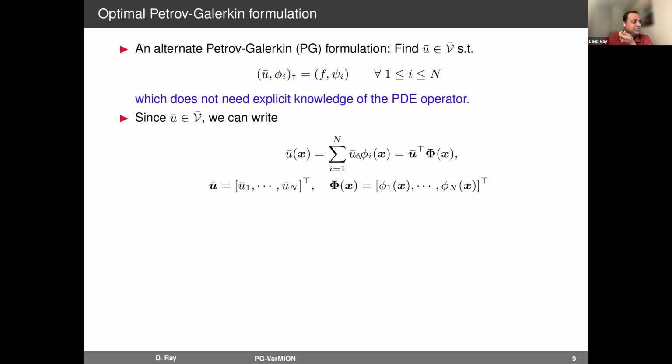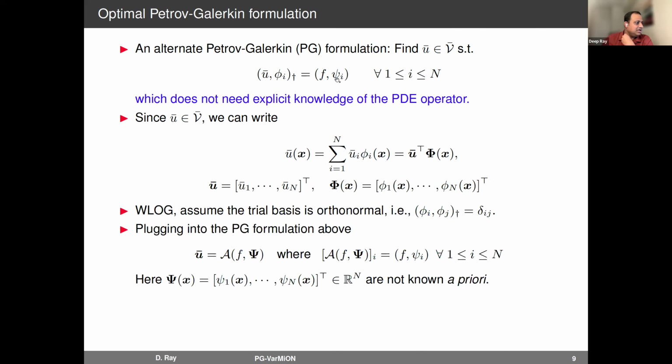Now, if I plug this into the alternate Petrov-Galerkin formulation, I additionally assume that my trial basis is orthonormal with respect to the dagger inner product. Since you've been given the trial basis and the dagger norm, you can always use something like Gram-Schmidt to orthonormalize them. That's not a problem. So we assume that the phi j's are all orthonormal.